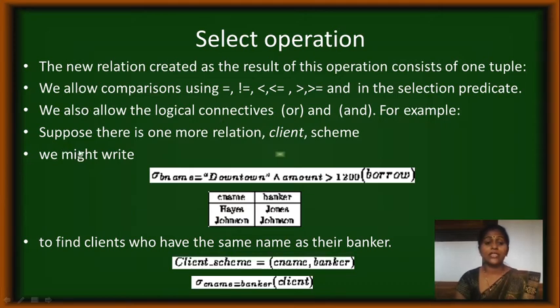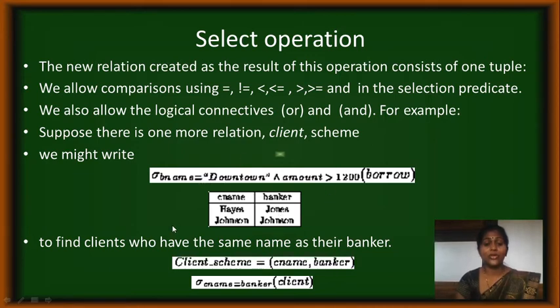Suppose there is one more relation like a client schema, and you have two or more conditions, then how do we write it? City is equal to Downtown and amount greater than 1200. So this is how we use logical operations, and also relational comparison operators like equal to and greater than.